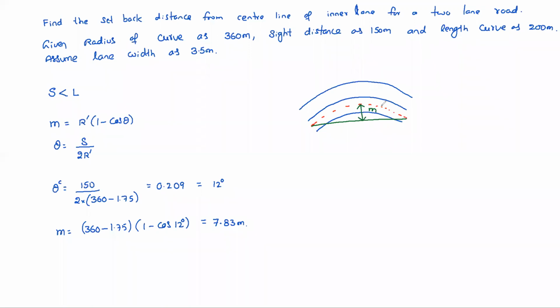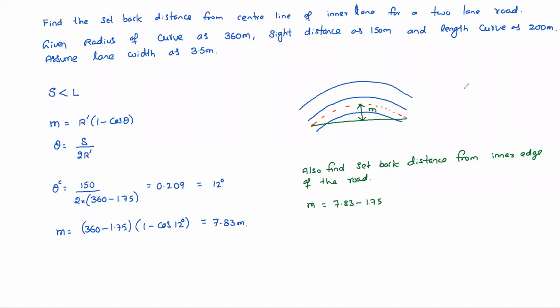Suppose the same problem they can ask like this. Also find the setback distance from the inner edge of the road. Okay. Already we have calculated from the inner lane center line, right? So for the inner edge of the road, M equal to, already we got 7.83, minus, so another D we need to deduct, right?